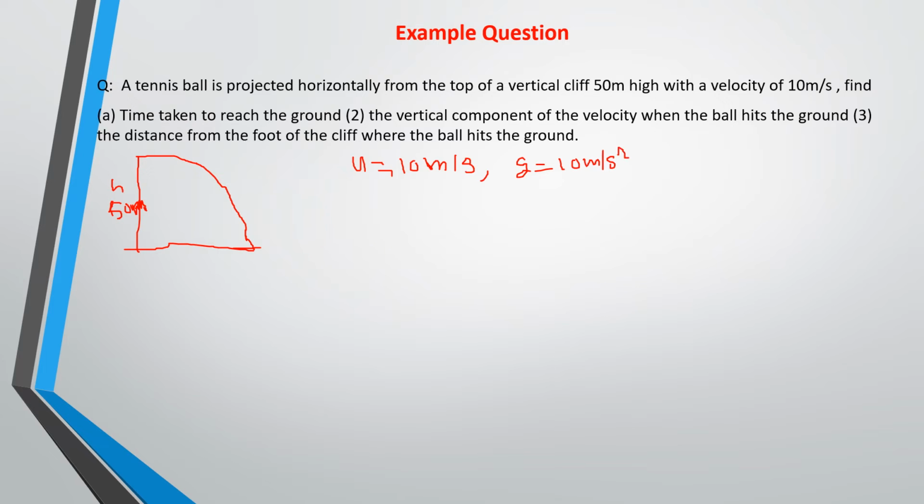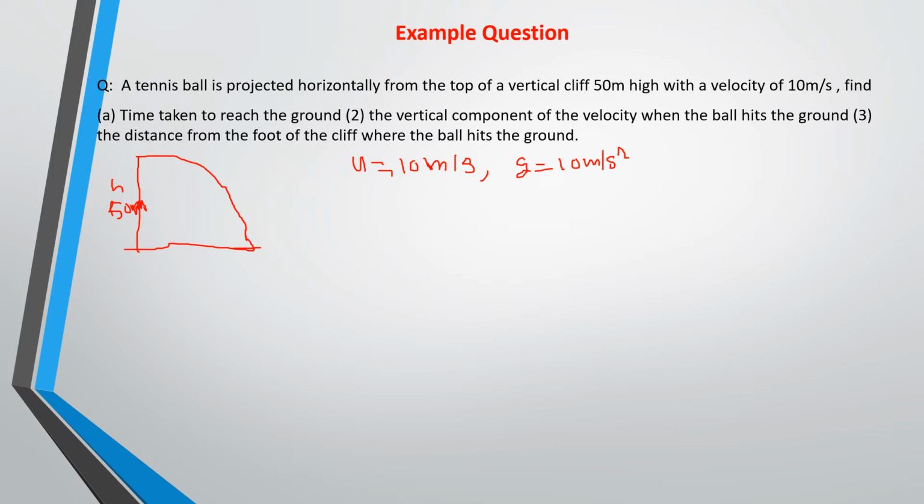So if you know all this, the first parameter I said you look for is the time taken to reach the ground. That is the time to move from here to here. And the time to move from here to this point is the same as the time to fall down directly.